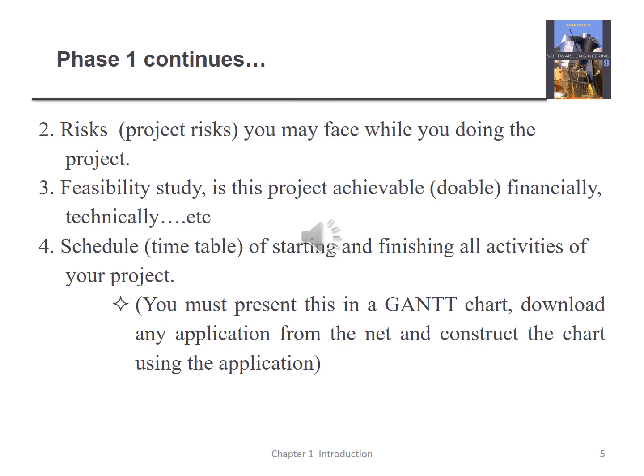For a class project, I believe the two categories applicable here are schedule feasibility and technical feasibility. Are we technically able and capable of doing the project? And do we have the time to finish the project on that schedule?